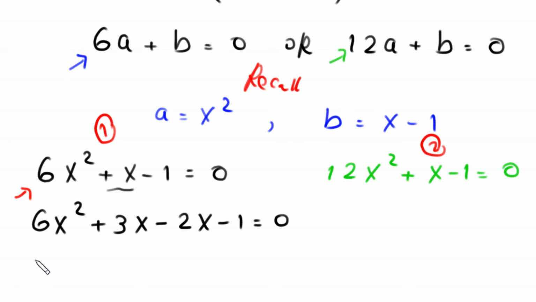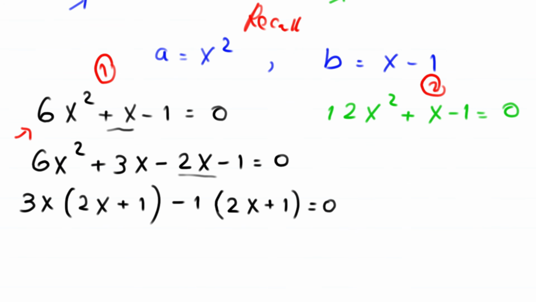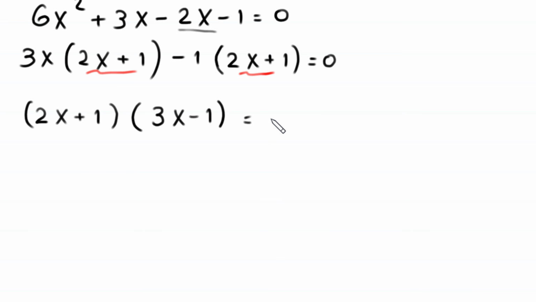From these two terms we can factor out 3 times x, in bracket 2x plus 1, and from these two terms we can factor out negative 1, in bracket 2 times x plus 1 equal to 0. Now this 2x plus 1 is a common factor, so we factor out this 2x plus 1, and in bracket 3x minus 1 equal to 0.